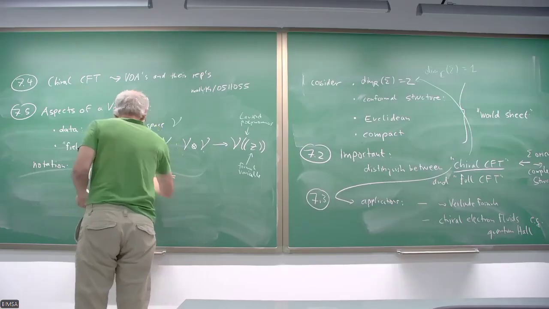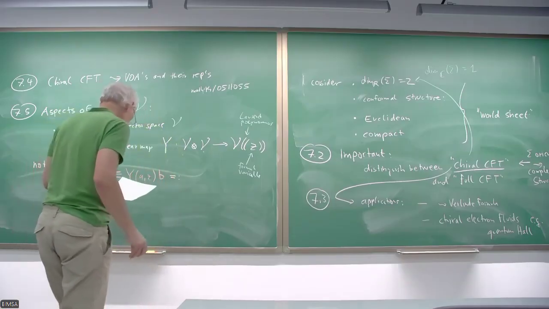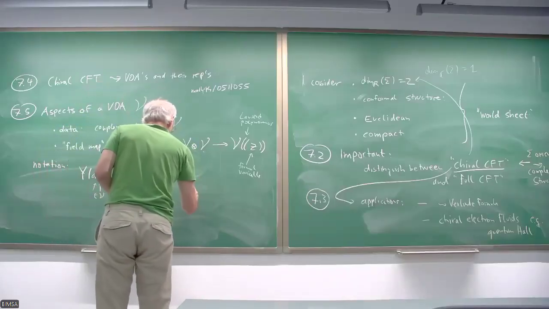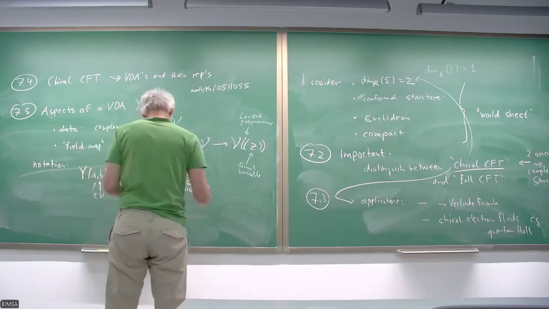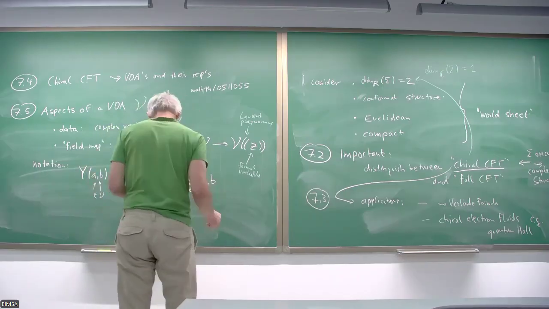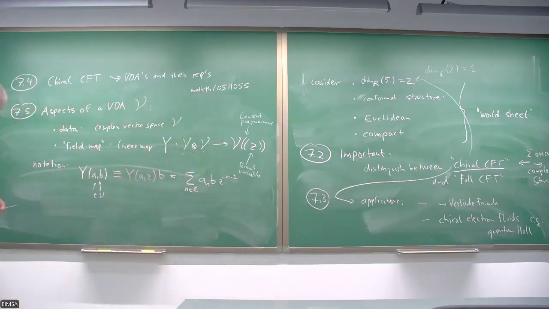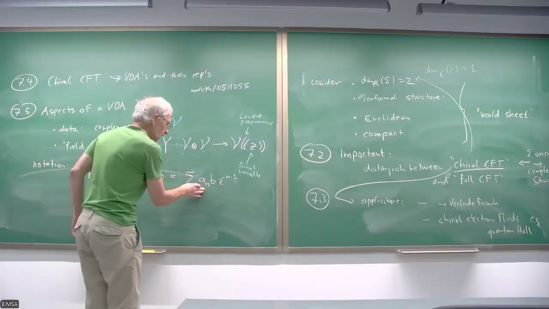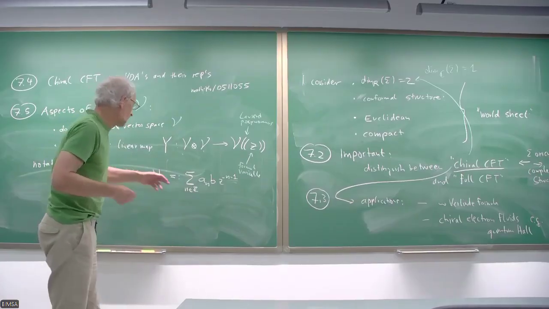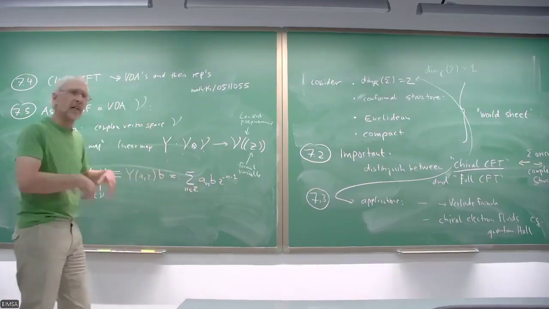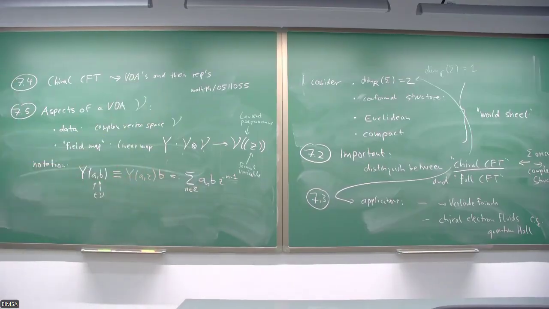And then also in terms of the dependence on z, one writes this as a sum over all integers n of a_n b z to the power minus n minus 1. That is the mathematical convention; in physics sometimes one uses a different one. Here this is a kind of product for any given integer n of a with b, or an action of a on b.